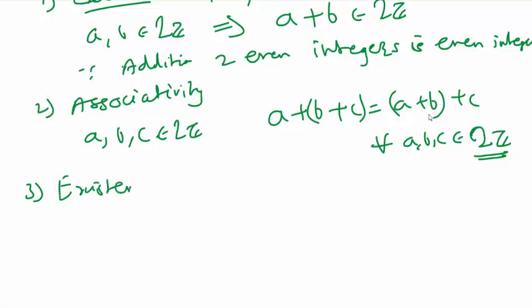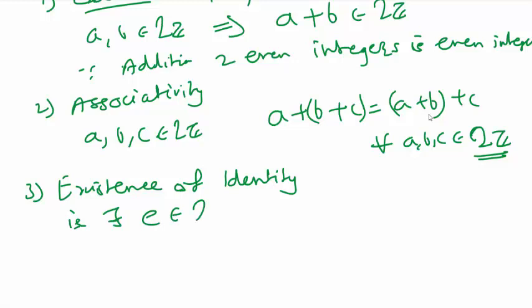Third is existence of identity. Means there exists, this is the symbol of there exists, e belongs to 2Z, means H, such that a + e = a for all a belongs to 2Z.